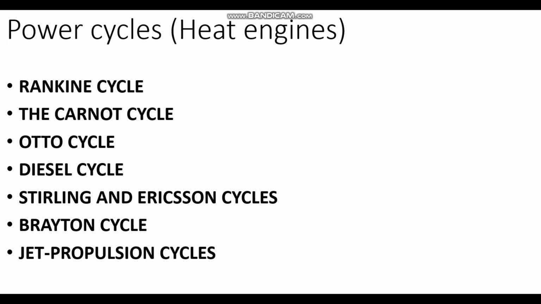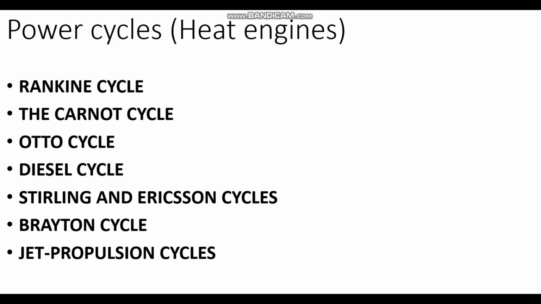So the Brayton cycle is the gas turbine cycle. In our country, there are not many gas turbines, but they are widely spread in the western regions where we get the oil and gas, right?